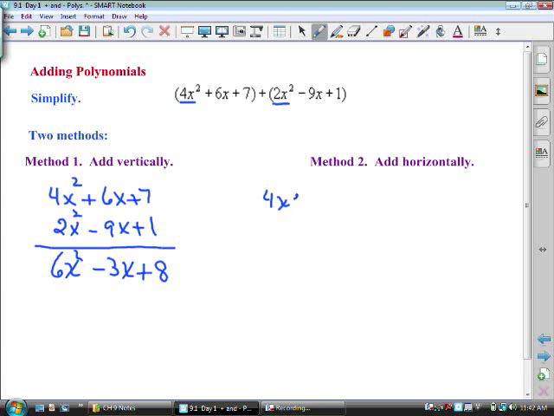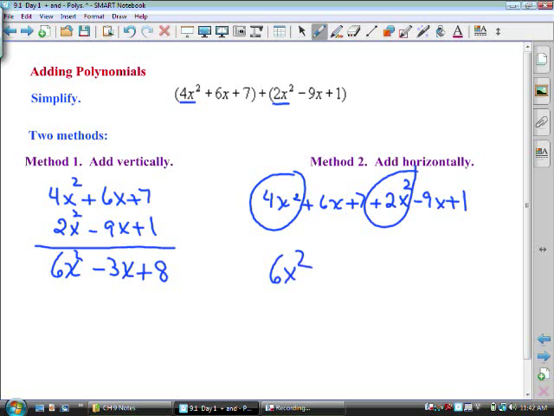If you do it horizontally, you write down polynomial 1, and then you add. You drop the parentheses, and plus a negative is the same as minus 9x plus 1. Now combining like terms, 4x squared plus 2x squared is 6x squared.